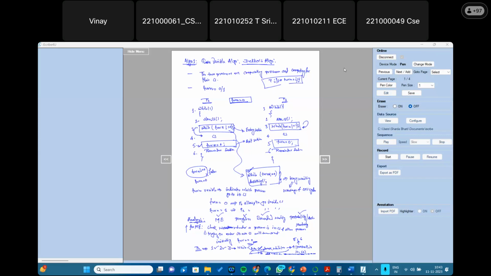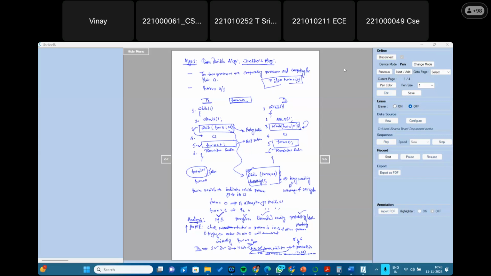So at the same time, only P1 is executing its critical section and blocks P0 from entering its critical section. Right. So mutual exclusion is achieved. Clear?